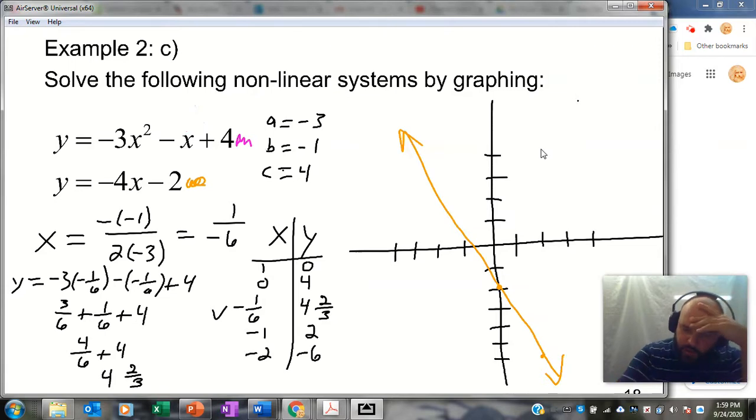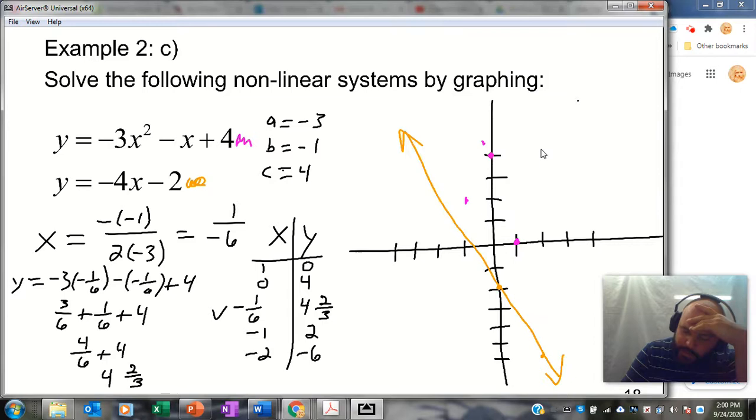Okay, so we have all of our values now. So now it's a matter of just plotting the points and seeing where they intersect. The first point is 1, 0. The second point is 0, 4. The third point is -1/6, 4 and 2/3. So that's just a little bit more there. Then we have -1, 2.